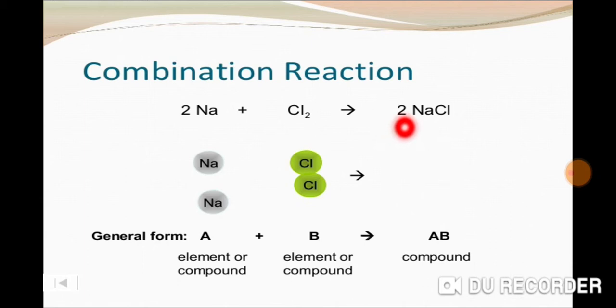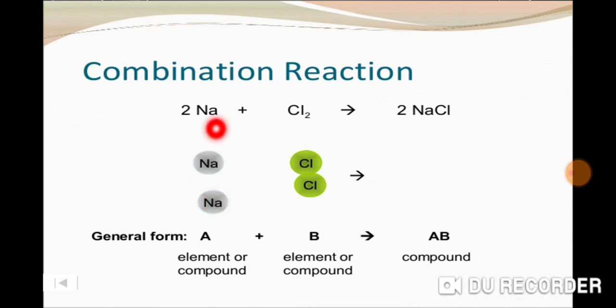Then to balance this equation, we added 2 on the left hand side as well. So the number of atoms of elements on the left hand side is equal to the number of atoms of elements on the right hand side.